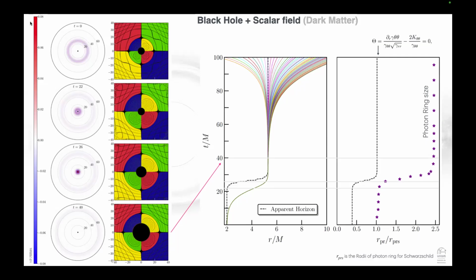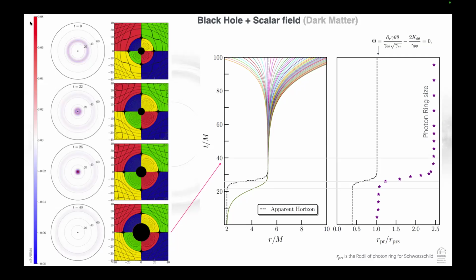What we learn from our GR lectures is that if you send light close to the black hole, it will be accreted. So the light trajectories are very important because they show us the location of the apparent horizon of the black hole. And in this case, we want to be sure that this is stable.